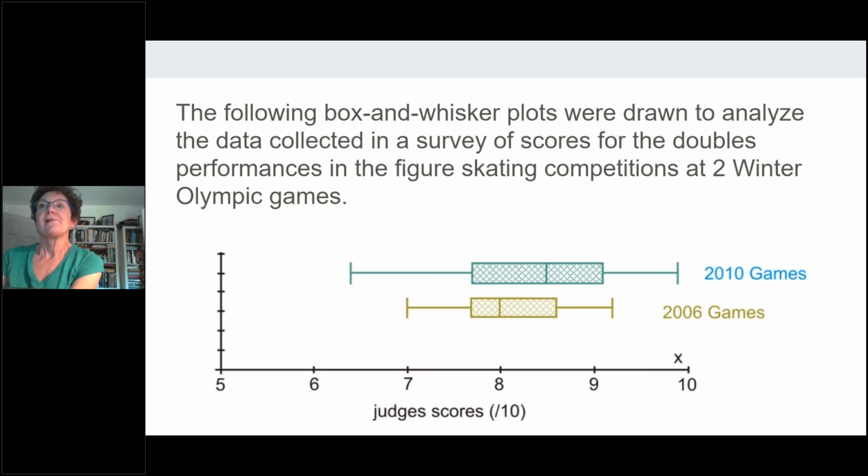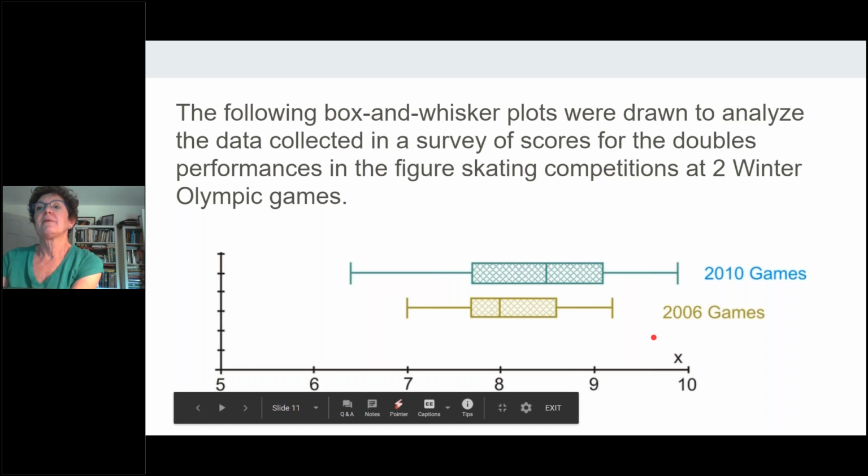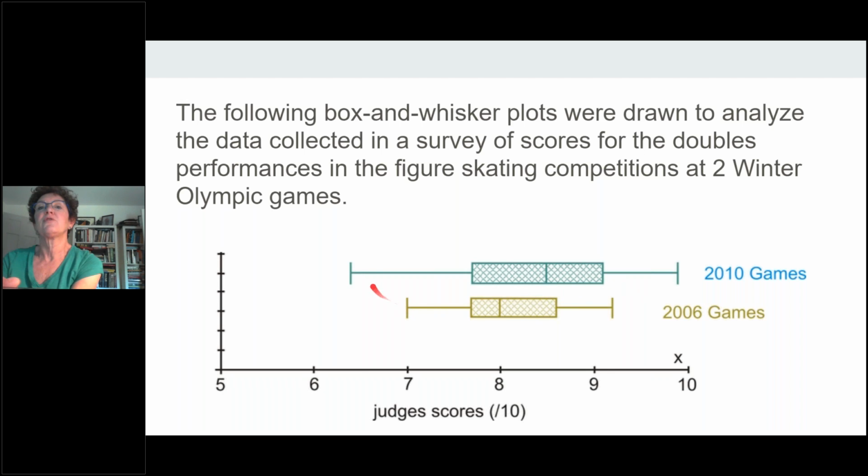Now, let's see what else we would know about this. Which games had the lowest scores? Well, we're going to compare these two minimums. Just without even looking at the numbers, we can see that this one is farther to the left, so this one has lower scores.